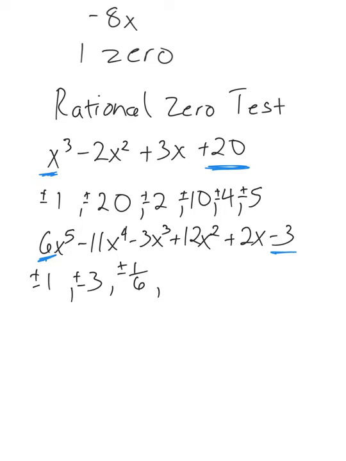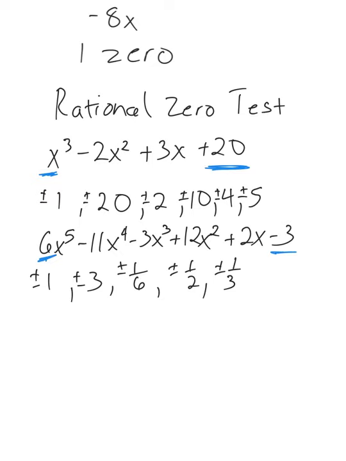Then 1 divided by 2, plus or minus 1 divided by 2. Then 1 divided by 3, plus or minus 1 divided by 3. All these 6, 2, and 3 are factors of 6.